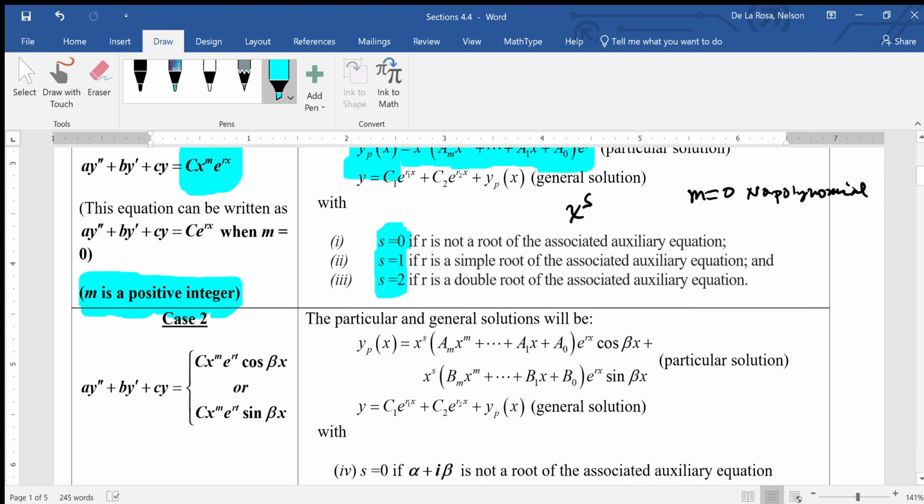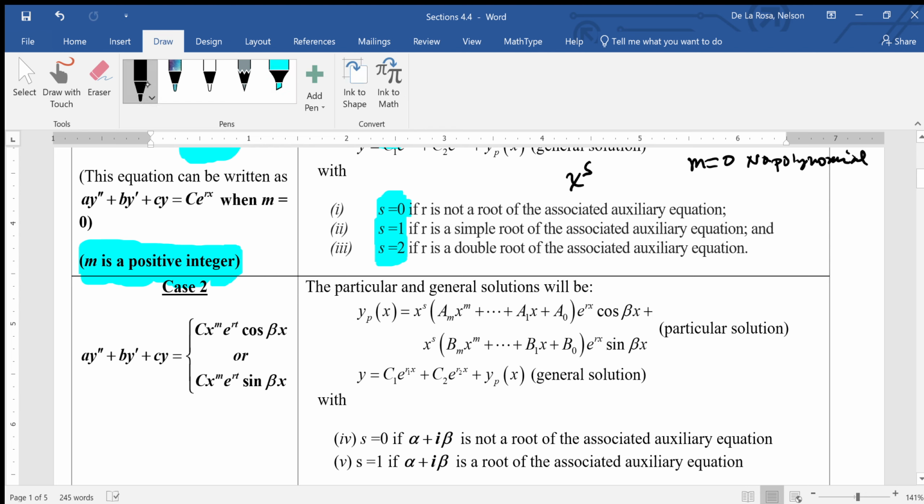The second case involves, on the right, a polynomial term or a power term, remember, m is a positive whole number, an exponential term, and a trigonometric function that could be either cosine or sine, or maybe the sum of the two, a linear combination.